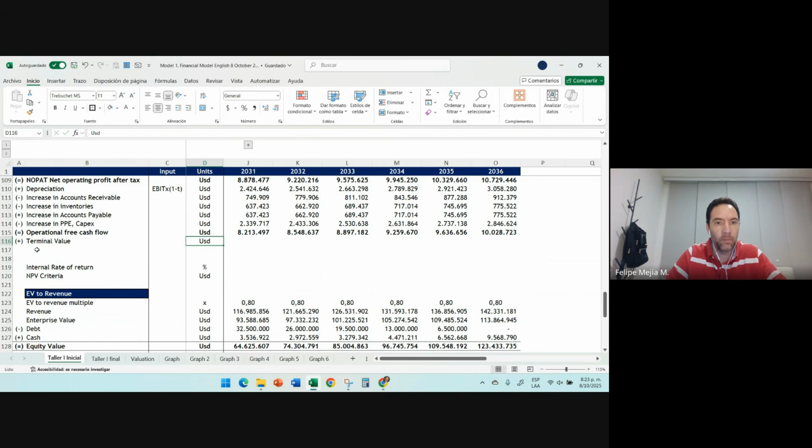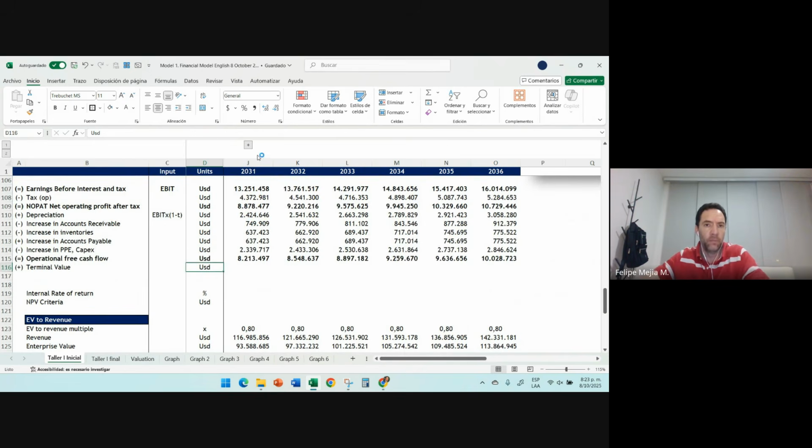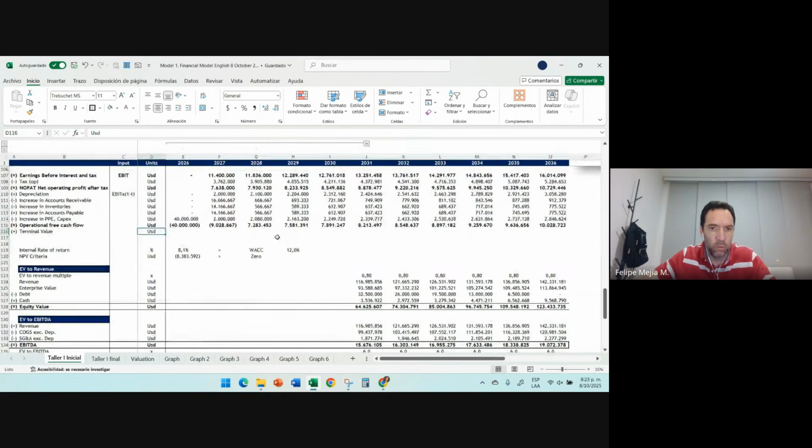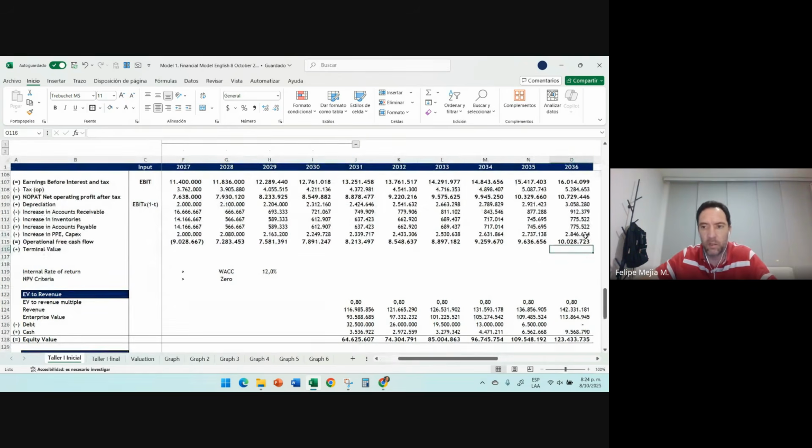Terminal value. We go to the terminal value. Let me move this one here. And the terminal value is, what is the internal rate of return of this project if I forecast this from 2036 all the way to infinity? I don't need to add more years. I just need to know the present value of an annuity, which is the last value times 1 plus the growth rate divided by the discount rate minus the growth rate.